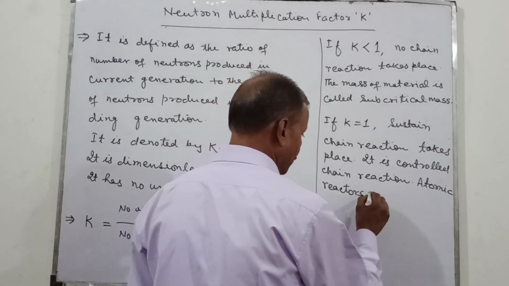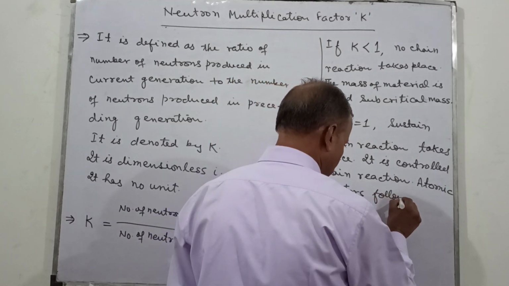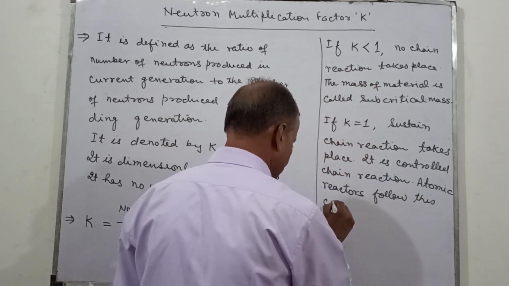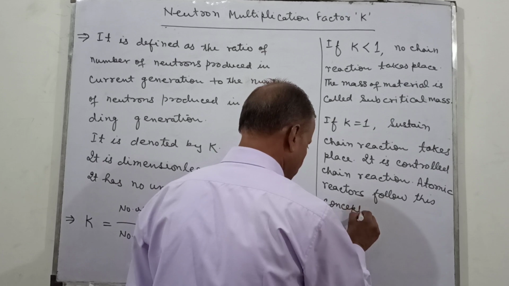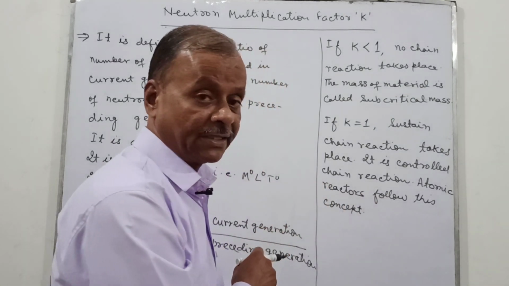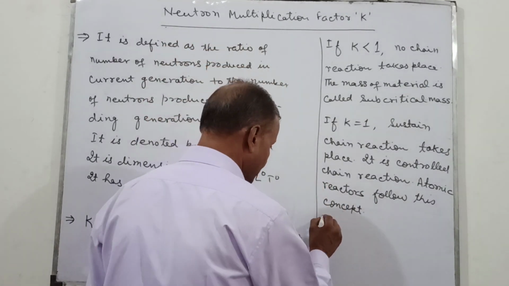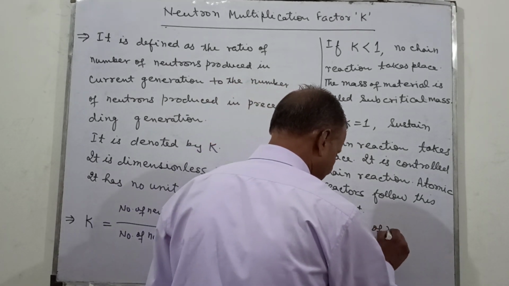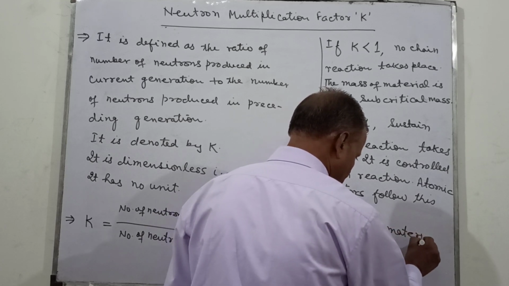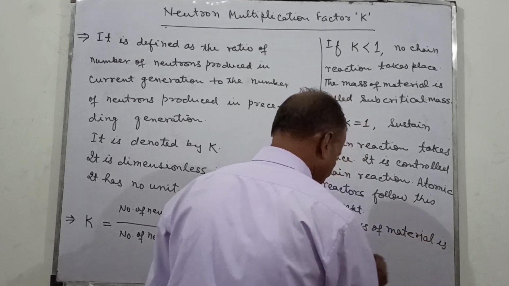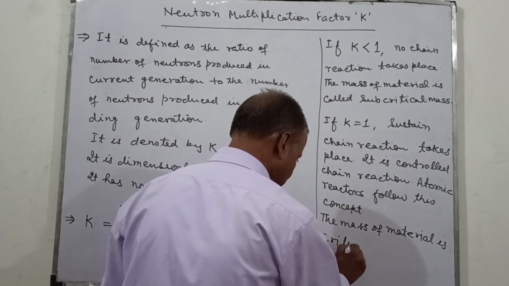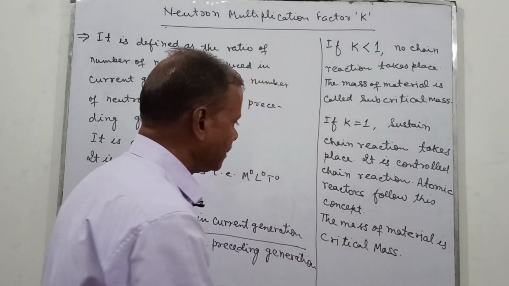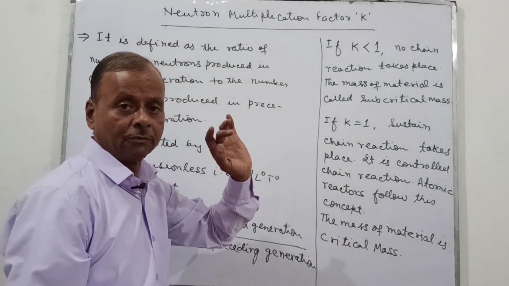Atomic reactors follow this concept, and the mass of the material is called the critical mass. So this is for K equal to 1.